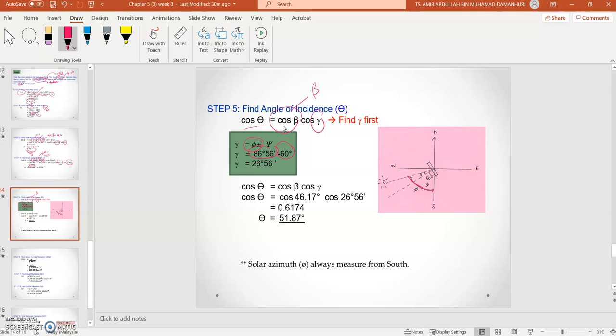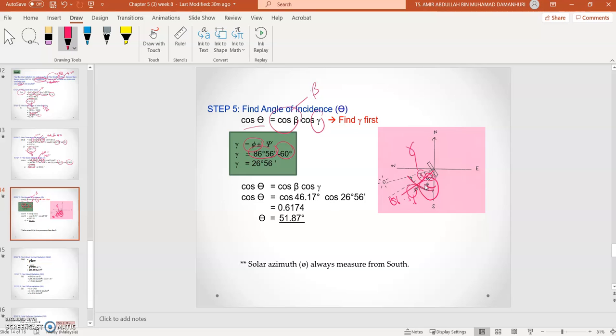The value of phi is here, 86.56. The lambda value will also be from the south value, so it is located inside the phi value here. This is 60, and this is the value of gamma that we are going to calculate.